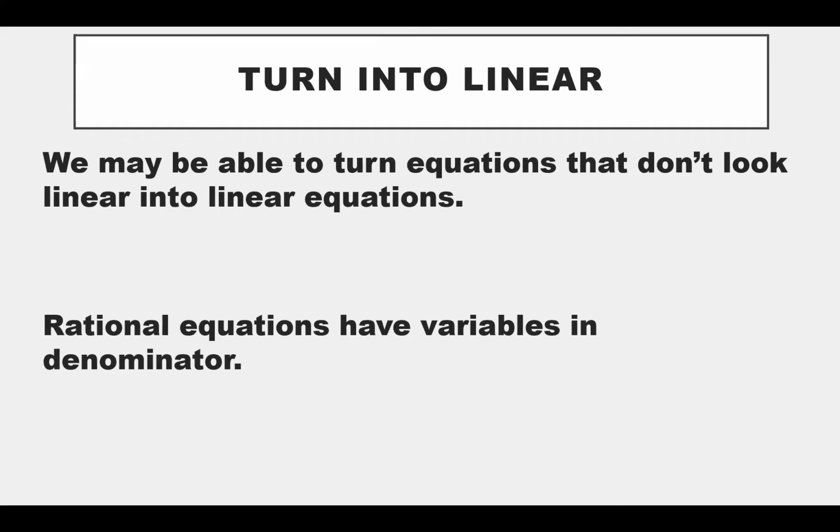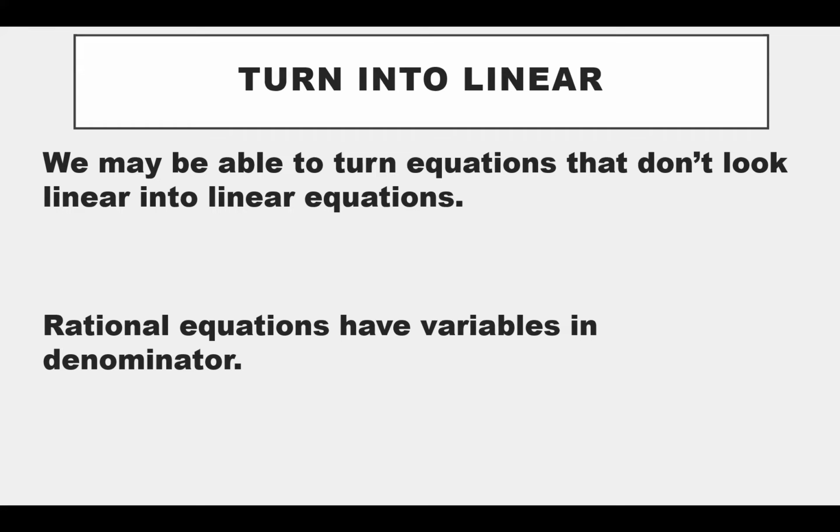The last concept we're going to look at in this video is that sometimes equations might not look linear and in fact might not even be linear to begin with. But we can do some algebraic operations on both sides, maintain equivalency, and then turn them into linear equations.